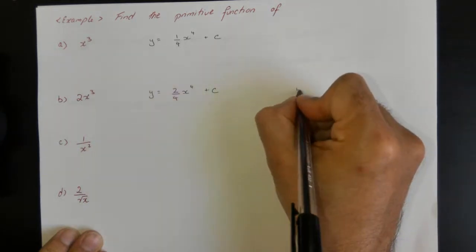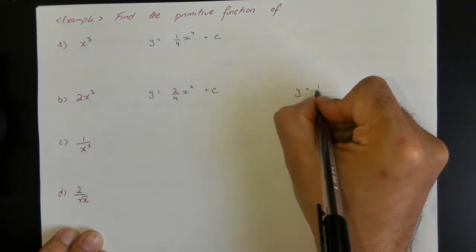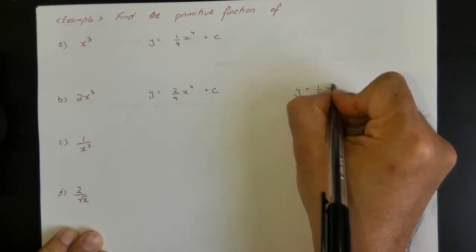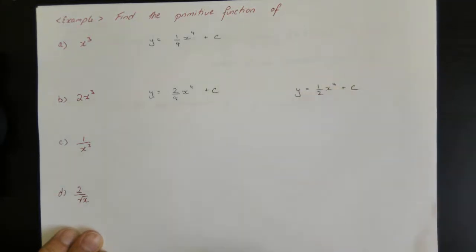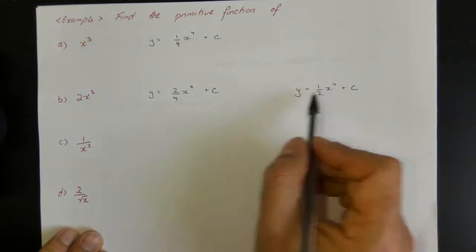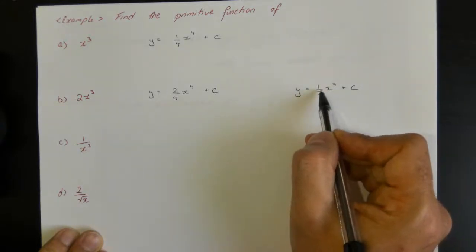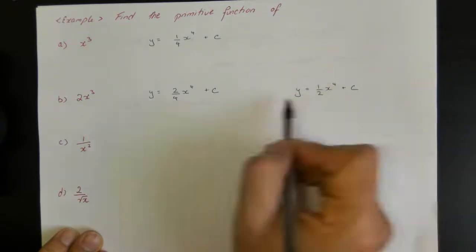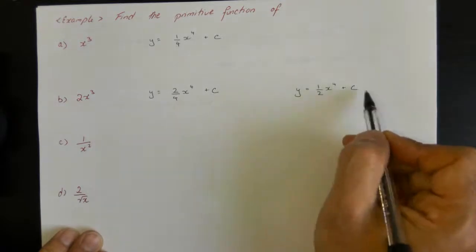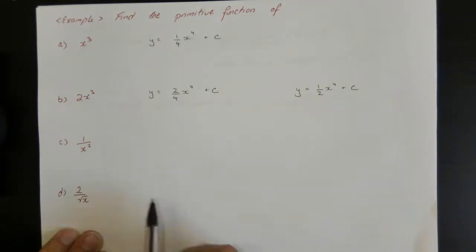So really it works out to be a half x to the power of 4 plus c. And obviously we should be able to differentiate this and get the same thing. So 4 times a half is 2, that's 2x cubed. That c disappears, that constant disappears.